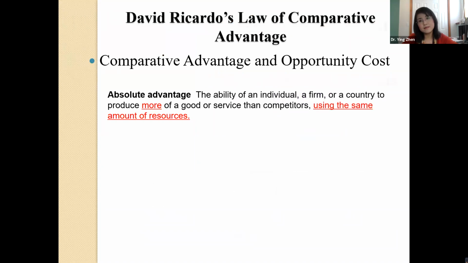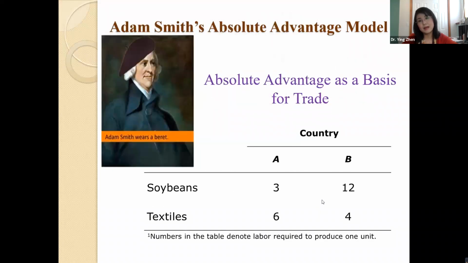So the idea is very simple. I let students just tell which country is more productive in producing soybeans or textiles, because they could easily tell from how many labor hours are needed to produce 1 unit. So they can give the answers very quickly.